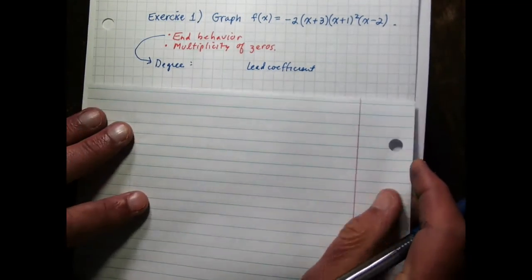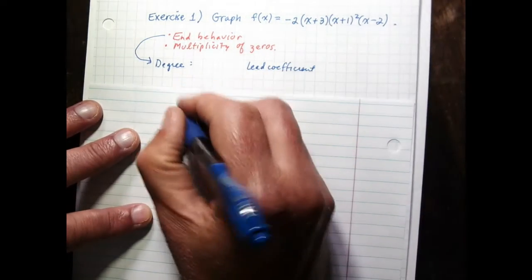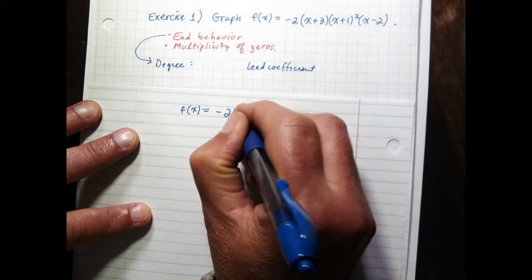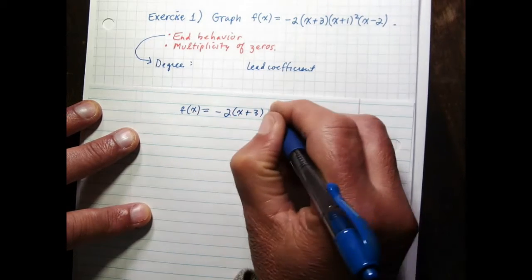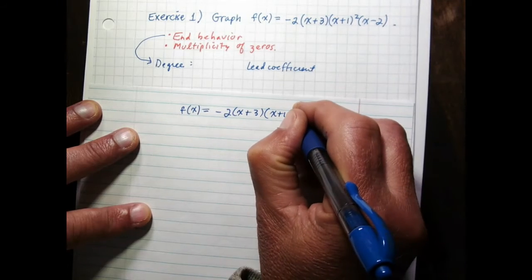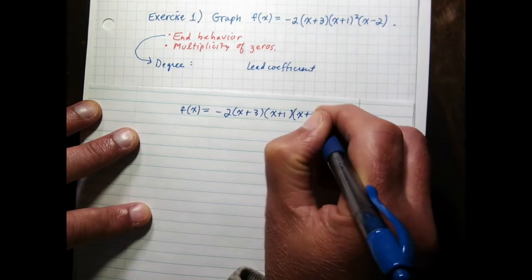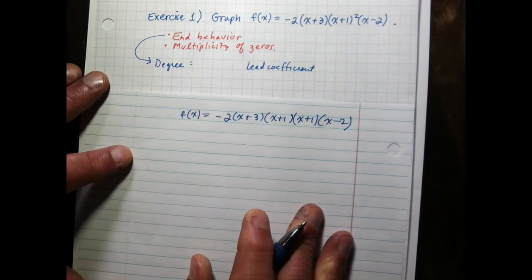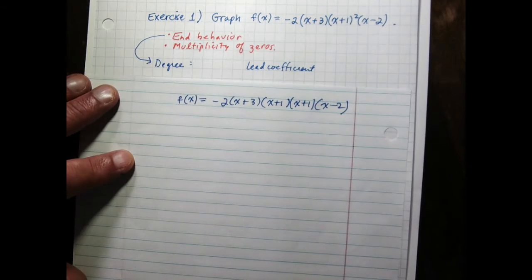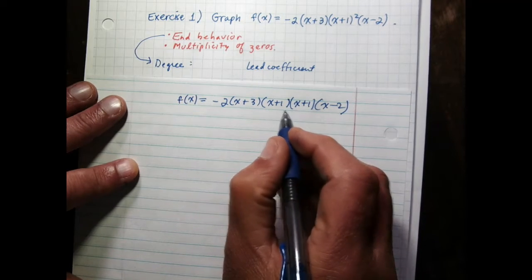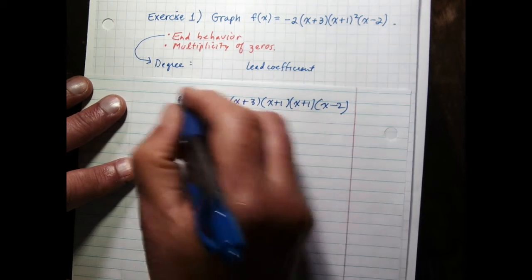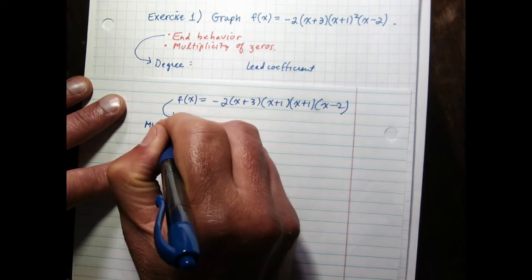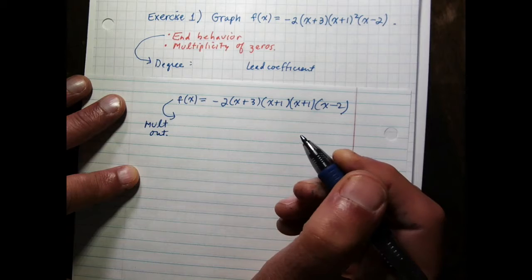Now, when you see this polynomial f of x, I could write it out in this way. And I said a little bit about this in the previous video. You do need to be able to imagine what it means to multiply this out.